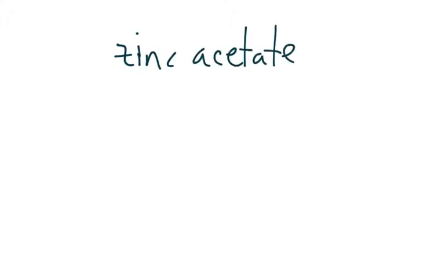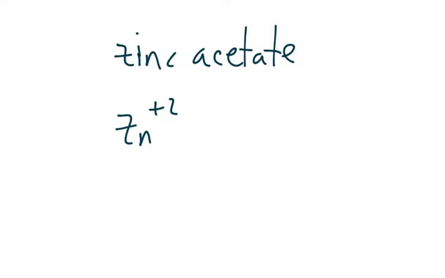All right, let's take a look at another example. So look at this one here, zinc acetate. Now, zinc is one of the few transition metals that does not have a Roman numeral. You're going to have to remember that zinc is always +2. It does not require a Roman numeral even though it's a transition metal because it only has a single charge and it's +2.